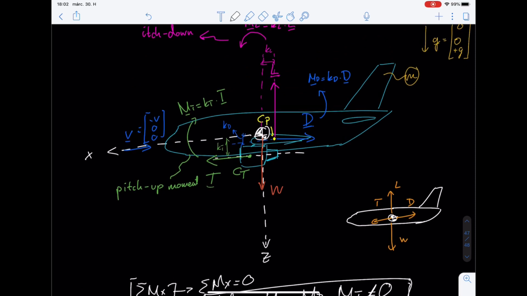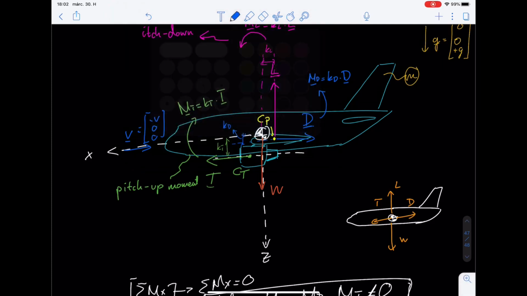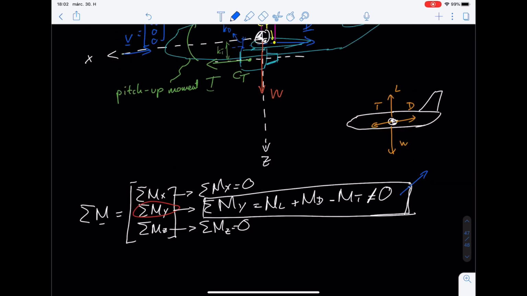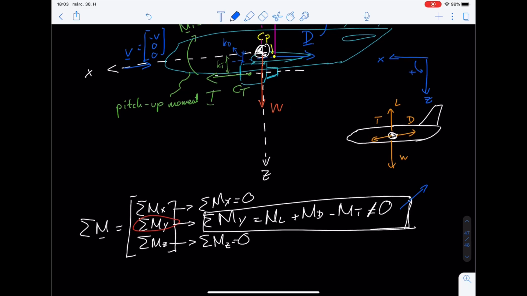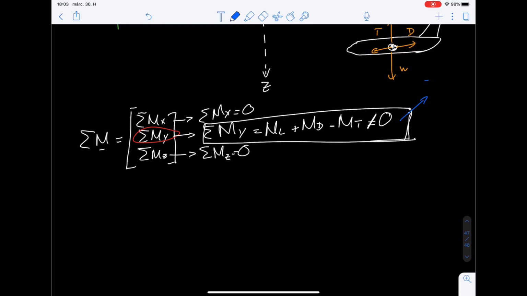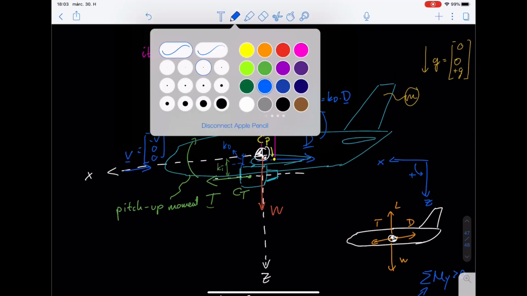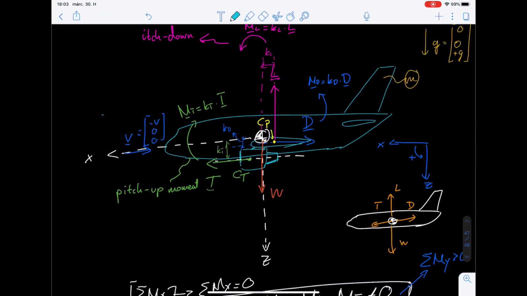And if the sum of the moments is positive in this regard, with this indexation, with the counterclockwise rotation being a positive direction, in that case, if the sum of the moments around the y-axis is positive, it means that the final resultant moment is going to be a pitch down moment.